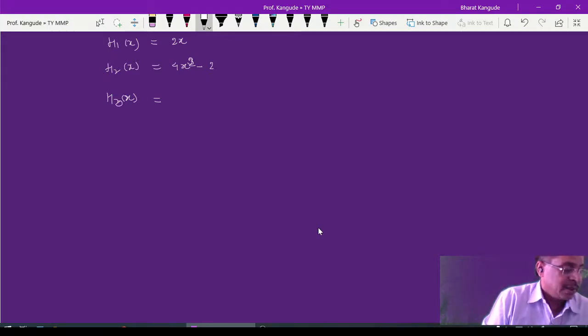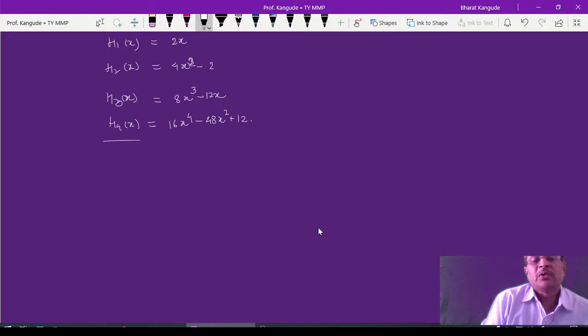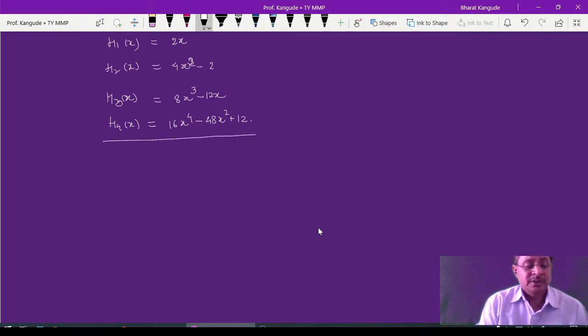H3(x) is 8x cube minus 12x, and H4(x), the Hermite polynomial of degree n equal to 4, is given by 16x raised to 4 minus 48x raised to 2 plus 12. So these are the Hermite polynomials of different orders, degrees.